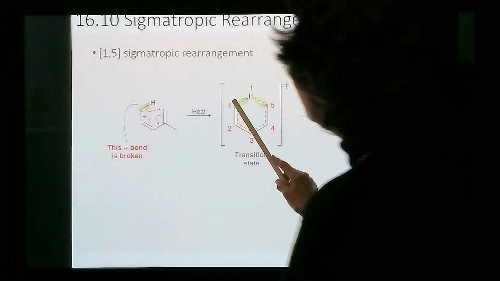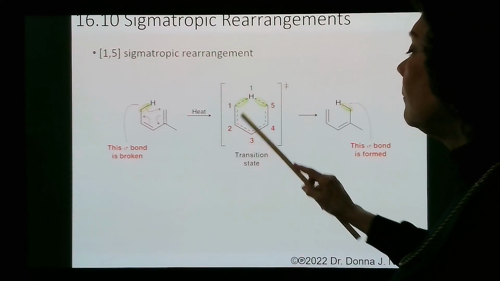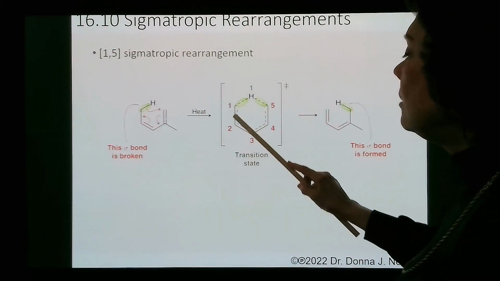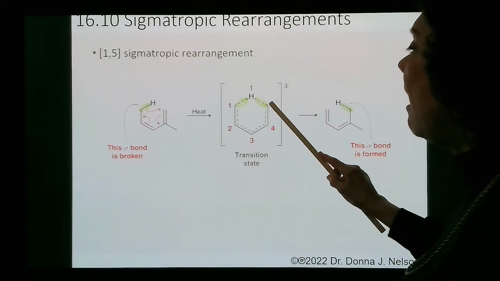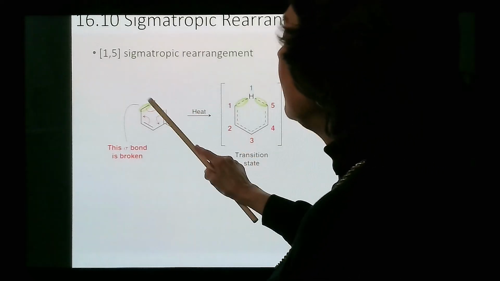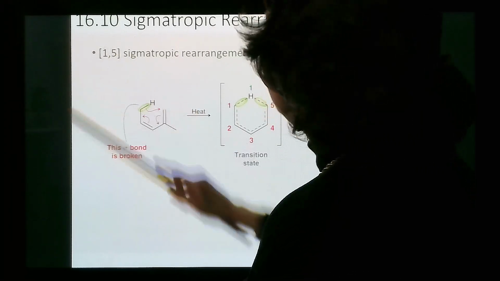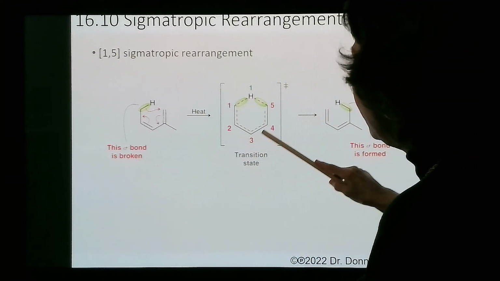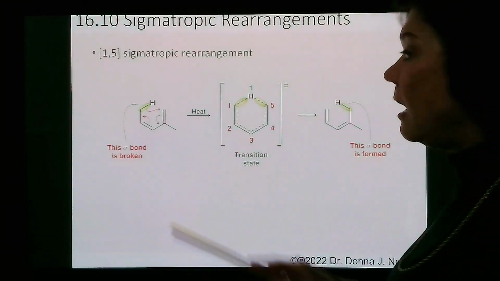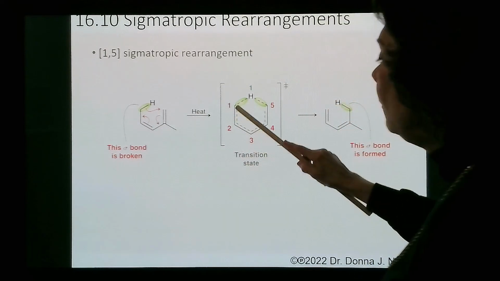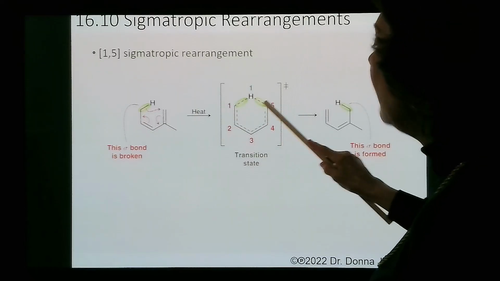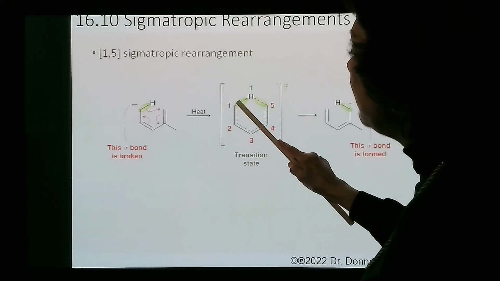Now, the other pi system is 1, 2, 3, 4, 5. And so this carbon-carbon bond, the 5 tells you that it migrated 5 carbon atoms down that other pi system. 1, 2, 3, 4, 5. So here is the original sigma bond.